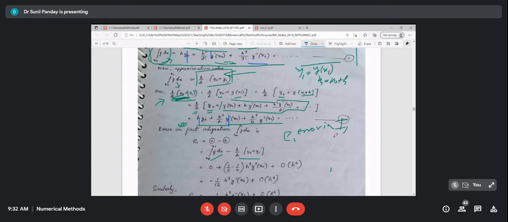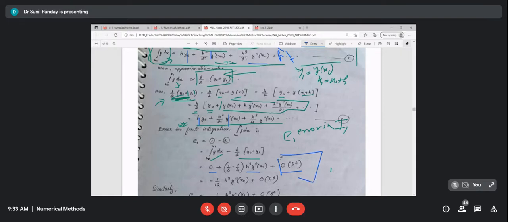And further terms also. So these two terms cancel, and 3 factorial is 6, so 1 by 6 here, and 4 is already here, so 1 by 4. We have taken out h cube and y double dash of x naught, and the other powers, the h raised to power 4 and power 5 terms, we have represented as order of h raised to power 4.